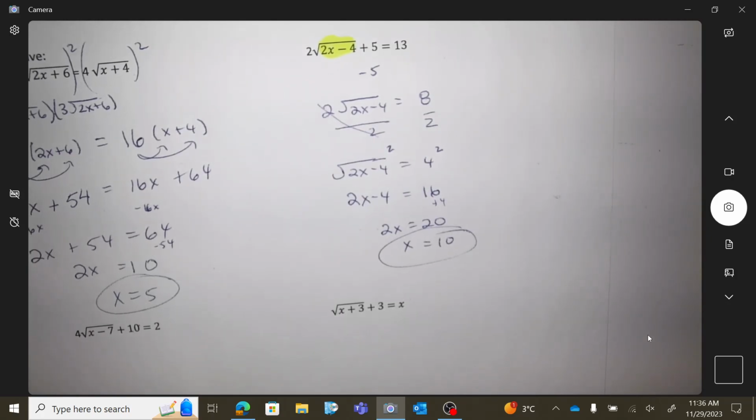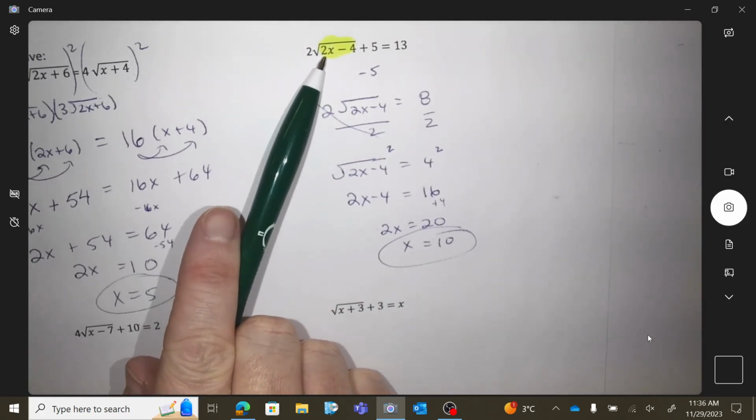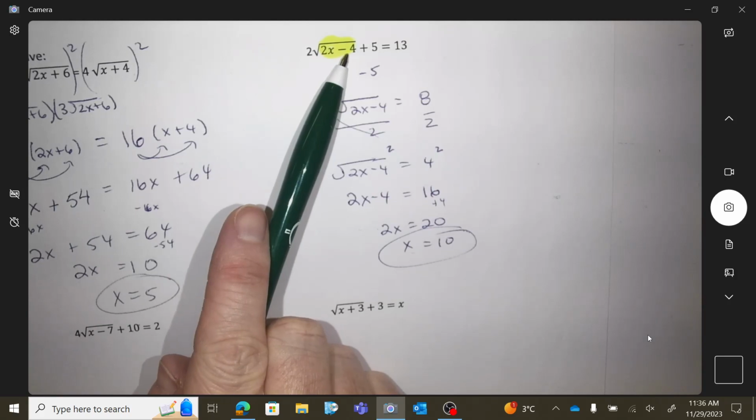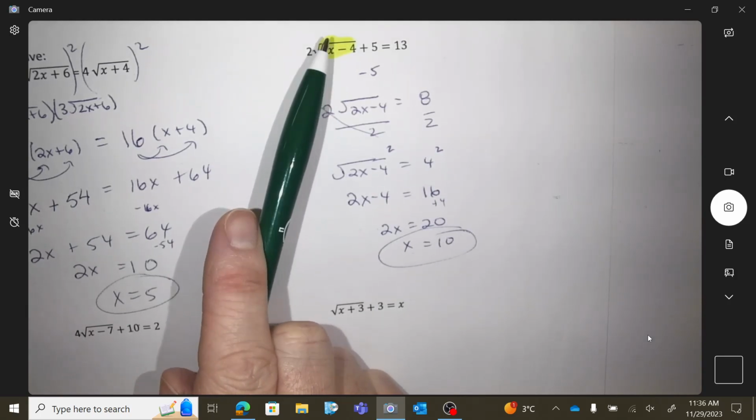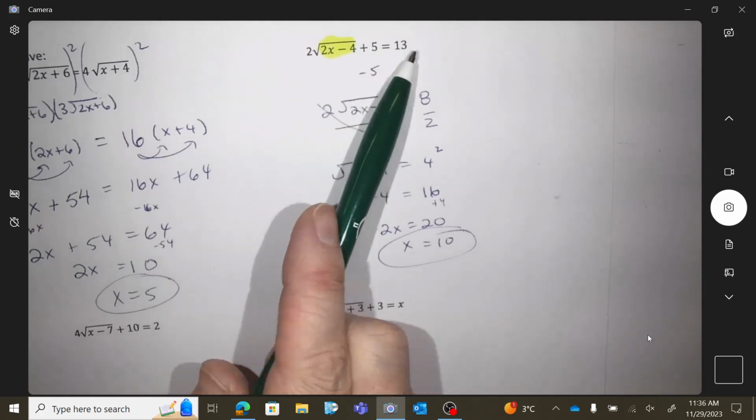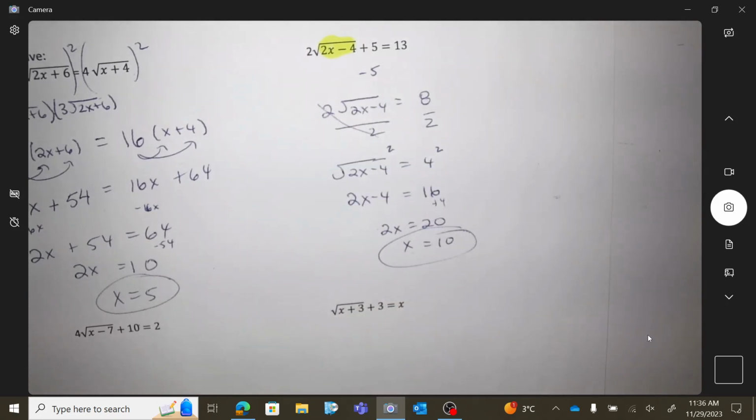Okay, I can check my answer. Quick mental math. Plugging a 10 in there makes 20 subtract 4, 16. The square root 4 times 2 is 8. 8 plus 5. It's good, 13.